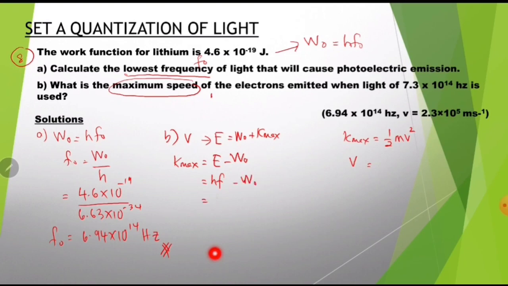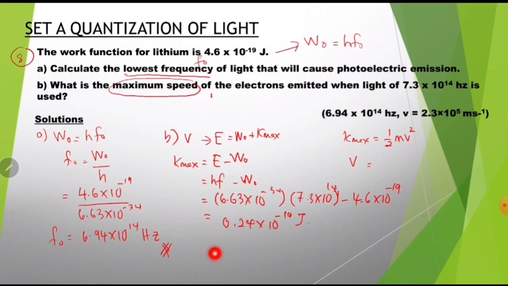So h f is 6.63 exponent -34 times f, f is 7.3 exponent 14, and minus W naught, 4.6 exponent -19. So we get K as 0.24 exponent -19 joule.